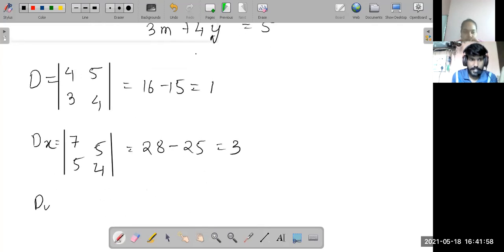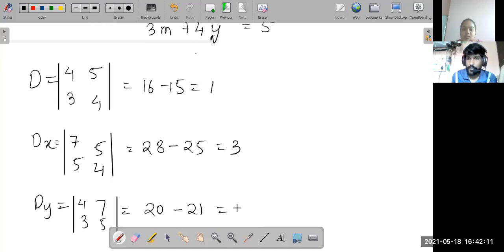And lastly dy: 4 and 3, and then 7 and 5. So 4 5s are 20, and 7 3s are 21. 1. Minus 1.